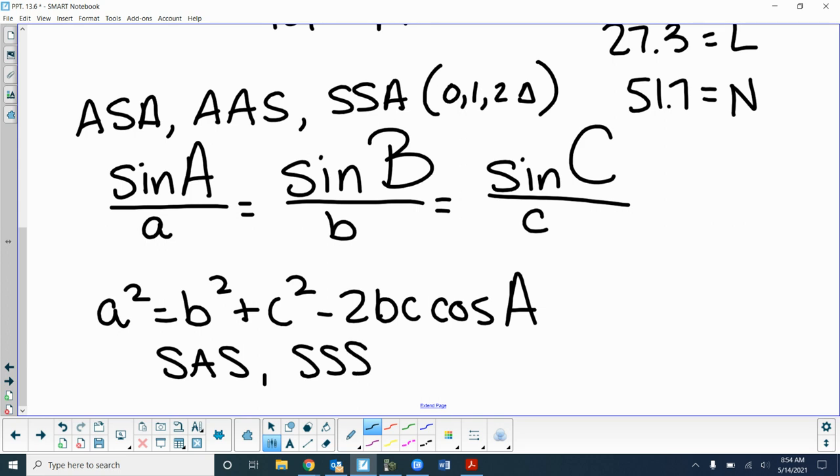Okay? So you have a practice quiz to do for homework. 6 of the problems are law of sines or cosines, and then there's 2 word problems, which maybe one is law of sines, one is law of cosines, I think.